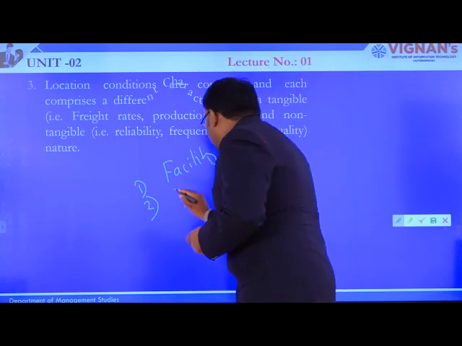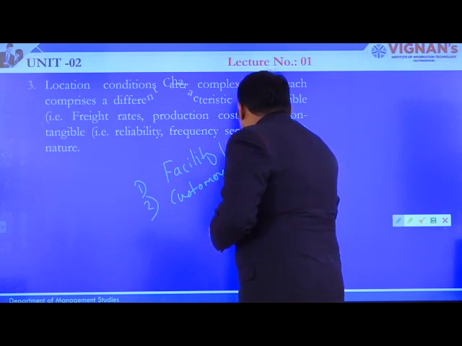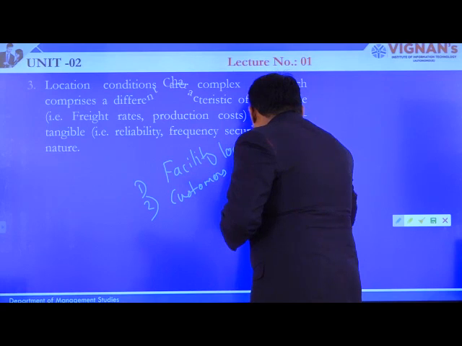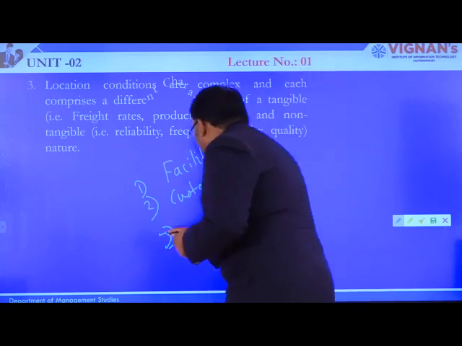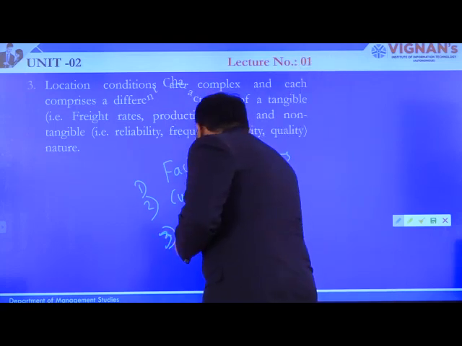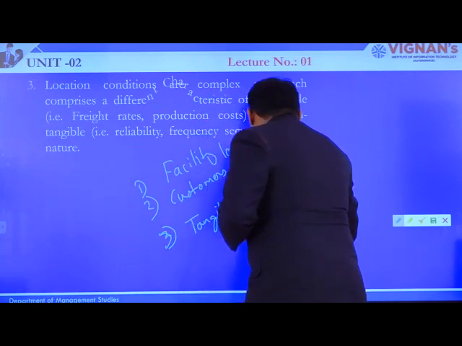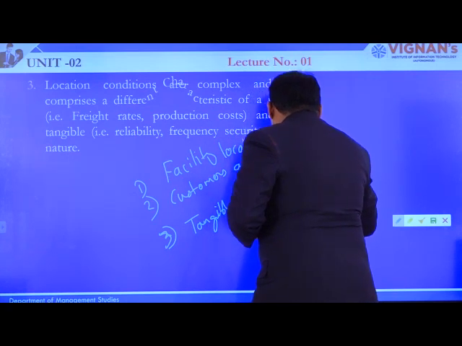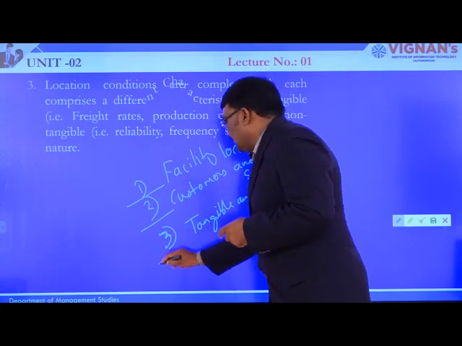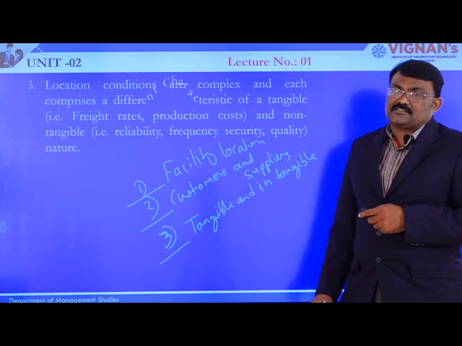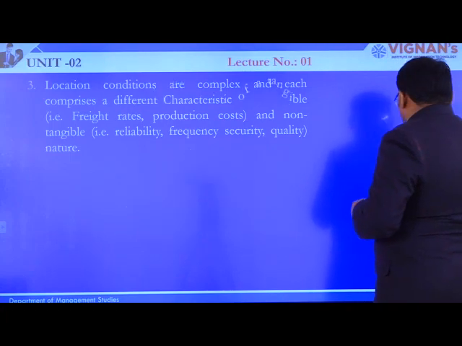The second one is about the customers and the suppliers, and the third one is about the tangible and intangible factors. Now, these are the three which we need to consider while taking a decision related to plant location.